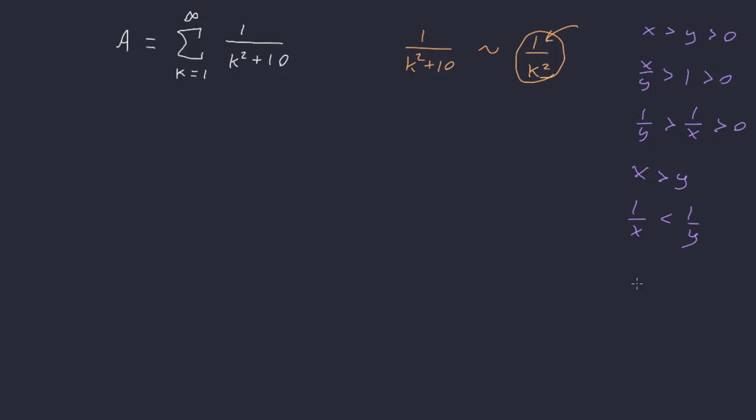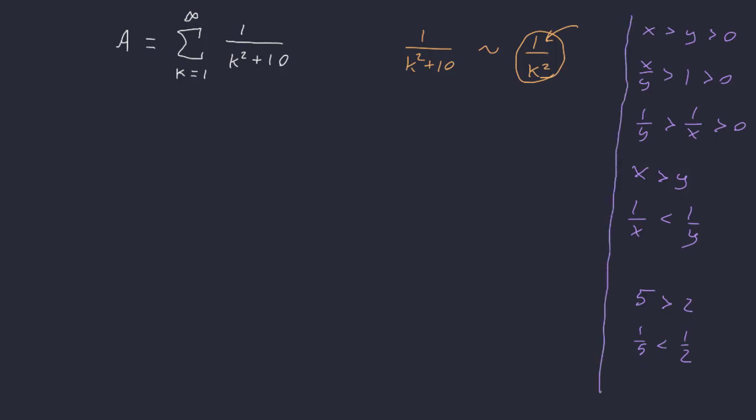If you think about it, we know that 5 is greater than 2. However, 1/5 is less than 1/2. When you put a larger number in the denominator, you're going to have a smaller number, because you're dividing by a larger number.